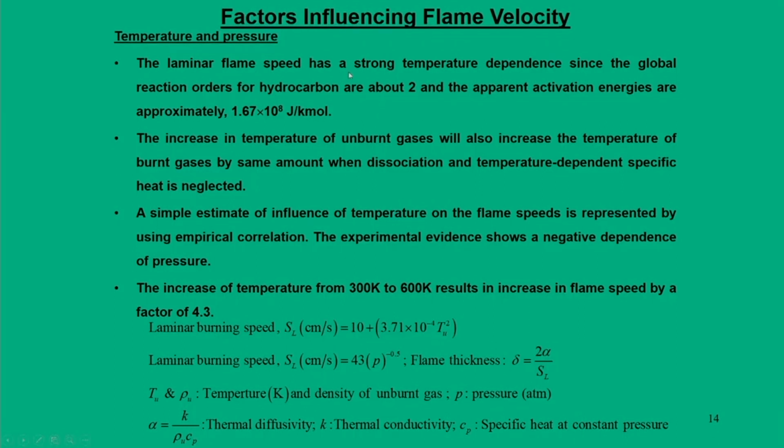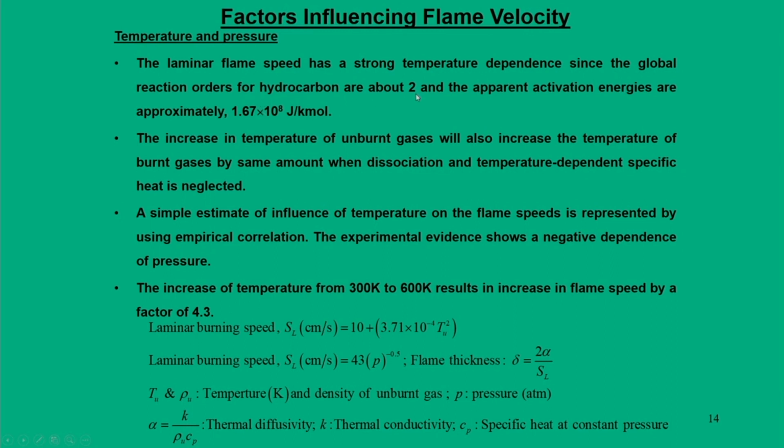The next topic of discussion is the factors that influence the flame velocity. So, the first two factors are obviously temperature and pressure. Laminar flame speed has a strong temperature dependence because the global reaction order for the hydrocarbons is about 2.